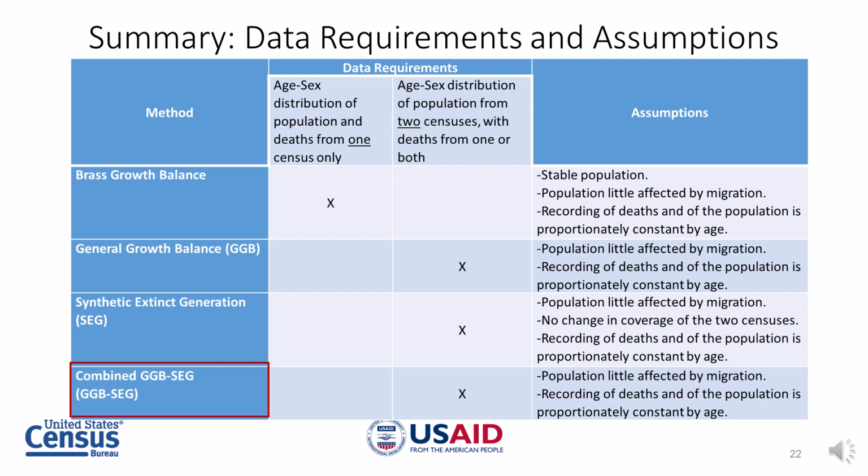Therefore, the current distribution of deaths at a given age and over can be adjusted by current population growth rates at a given age and over to equal future cohort deaths. In general, if two censuses are available, the combined generalized growth balance synthetic extinct generations method is the best choice.